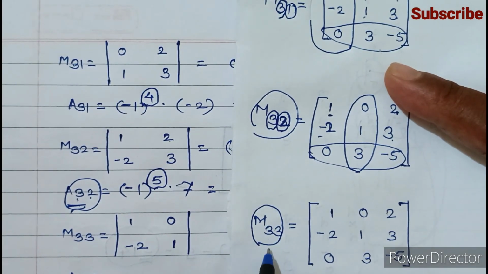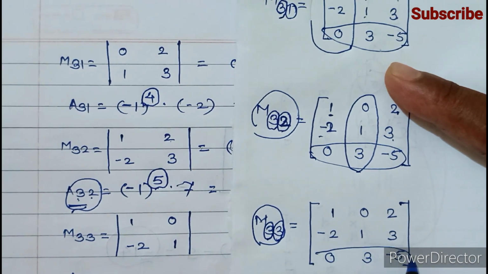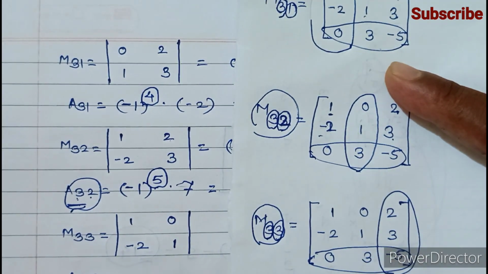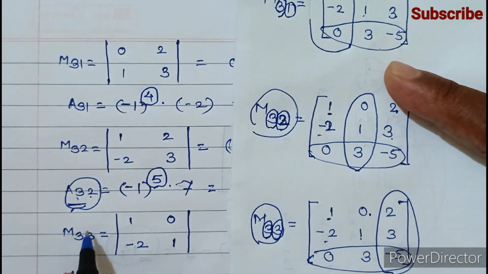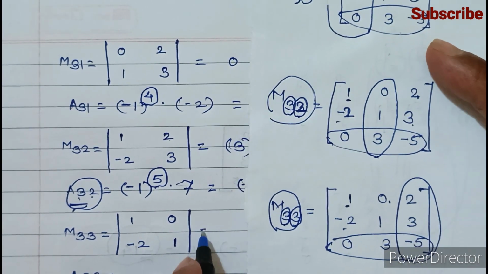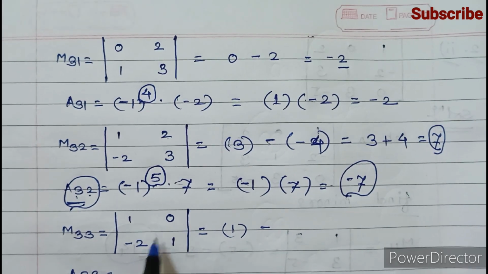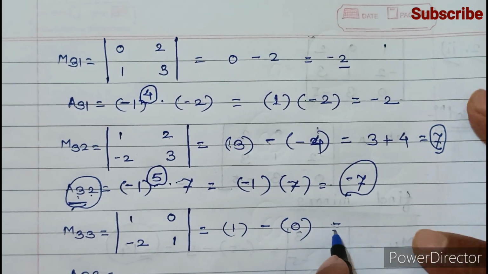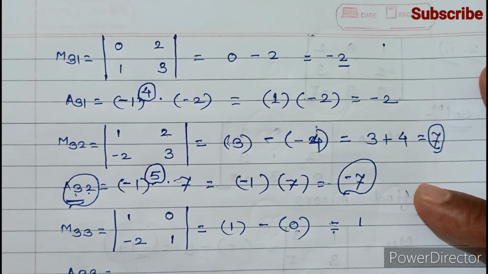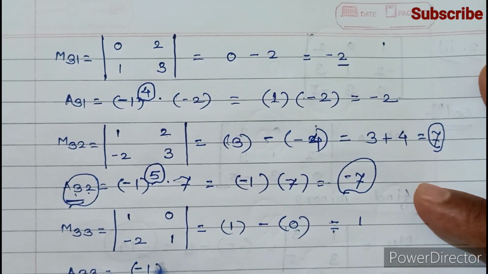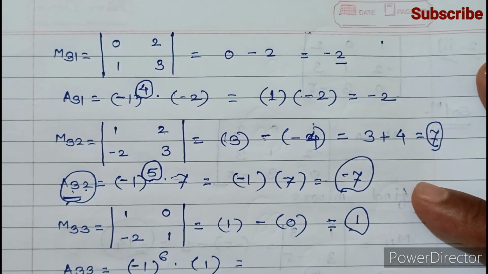Similarly, find M33 by dropping or eliminating the third row and third column. This third row and third column is eliminated and the remaining elements are 1, 0, minus 2, 1, which is written here. Now find the minor of this: 1 into 1, that is 1, minus 0 into minus 2, that will be 0. Here 1 minus 0 is 1. The cofactor A33 is minus 1 to the power 3 plus 3, that is 6, into this M33, that is 1, which becomes 1.